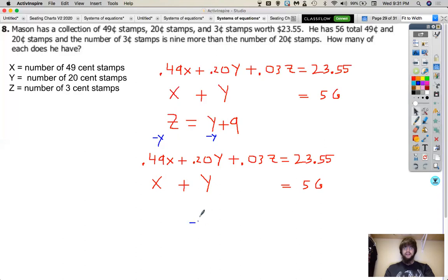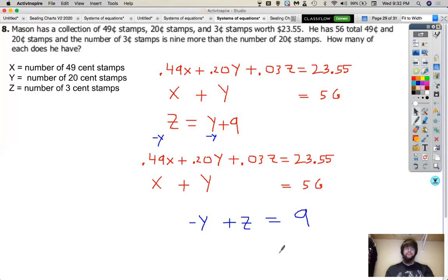I've got negative Y's plus Z's equals 9. If you got confused there, all I did was rearrange this. I subtracted Y from both sides. Negative Y plus Z is negative Y plus Z. Y minus Y is nothing, plus 9 is 9.